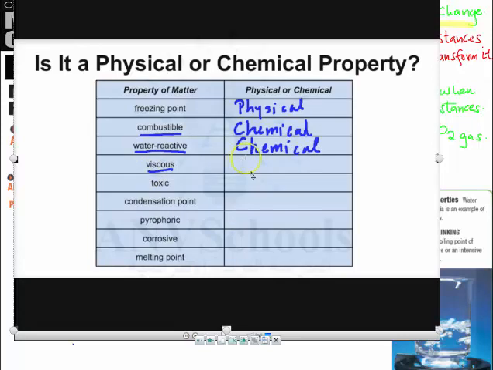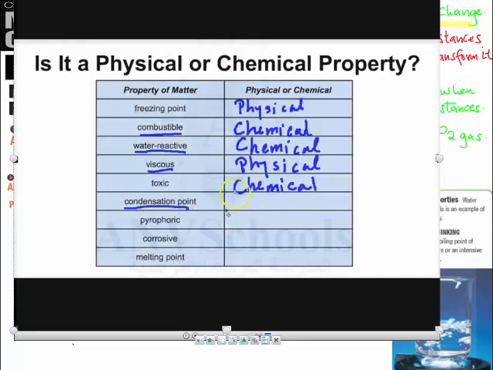Viscous material gives you a physical property. Here we are talking of viscosity, how thick or thin a substance is. Toxic is chemical, since toxicity brings about a chemical change.